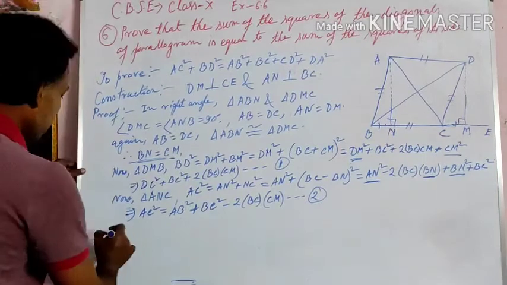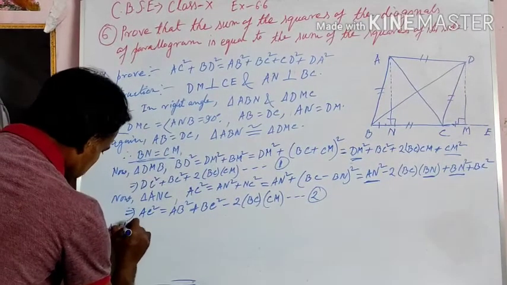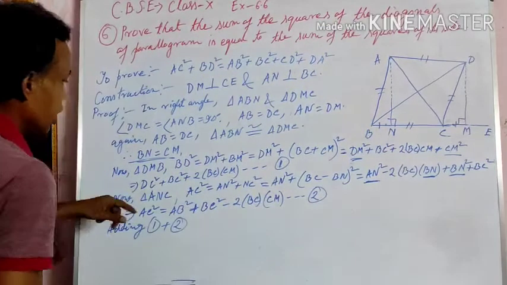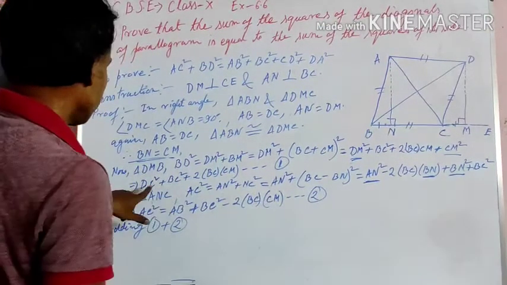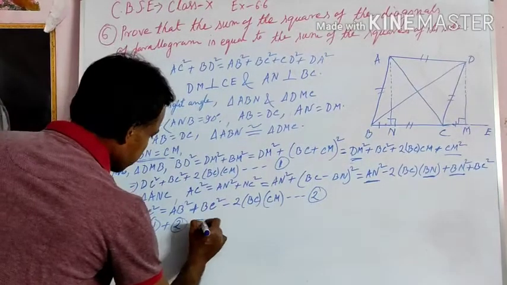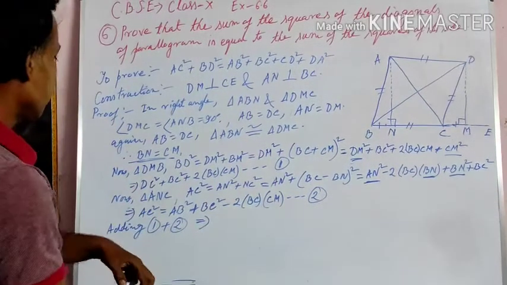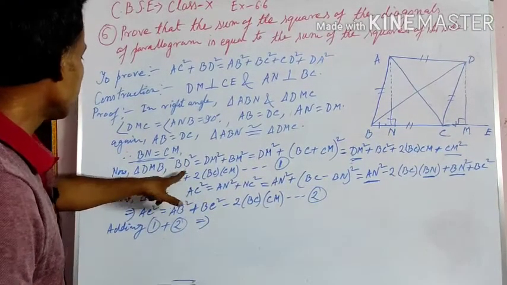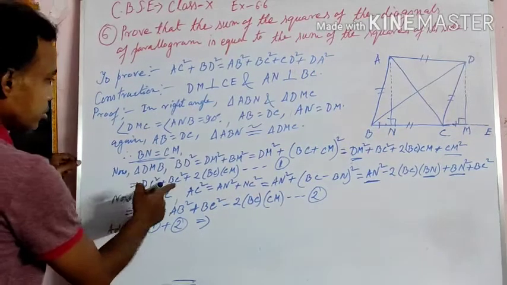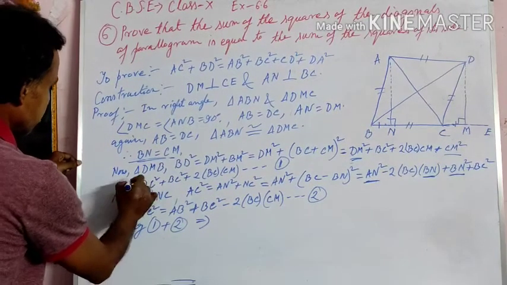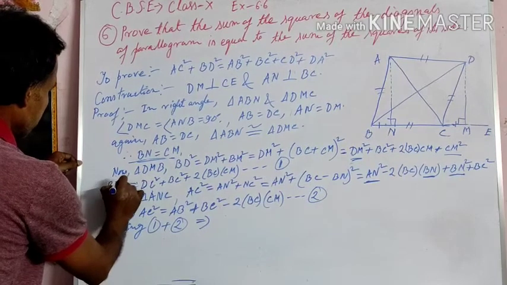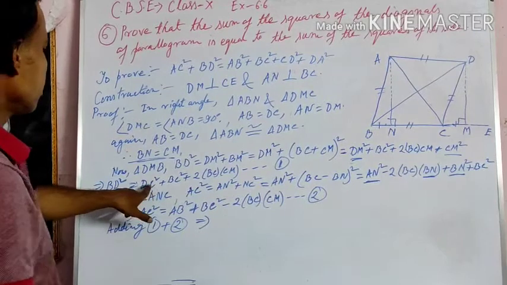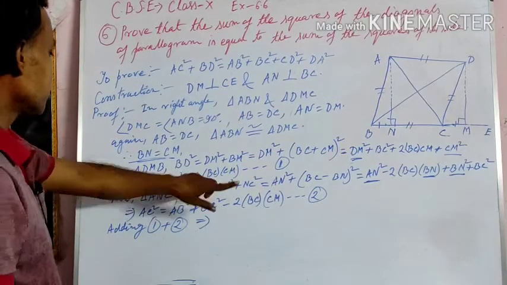So adding equation 1 plus 2. If we add equation 1 plus 2, then the left hand side of equation 1 is BD square. BD square is equal to DC square plus BC square plus twice BC into CM.